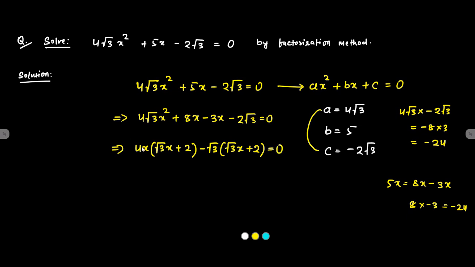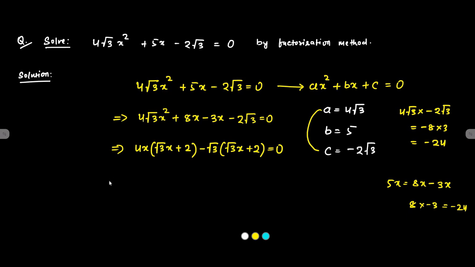Let's check, always check it. So 4x into root 3x, that is 4 root 3 x square, alright. 4x into 2, that is plus 8x, okay. Then minus root 3 into root 3x, that is minus 3x, alright. Minus root 3 into plus 2, that is minus 2 root 3 is equal to 0. Yes, the factorization is correct.